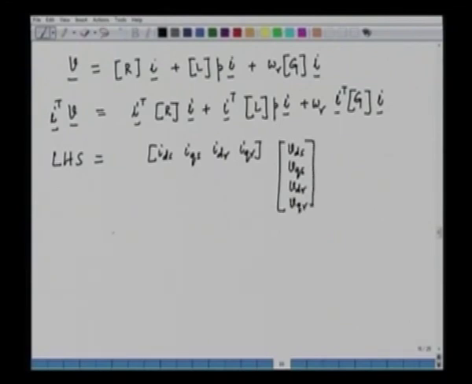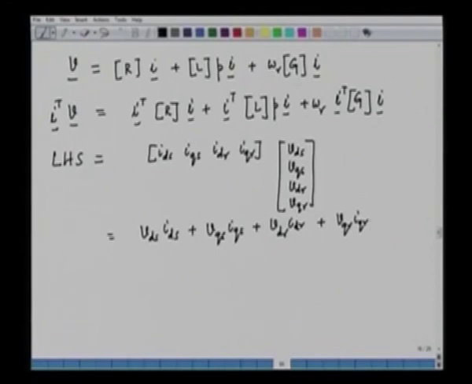Now if you simplify this, you will have VDS IDS, this IDS is multiplied with VDS, plus VQS IQS plus VDR IDR plus VQR IQR.